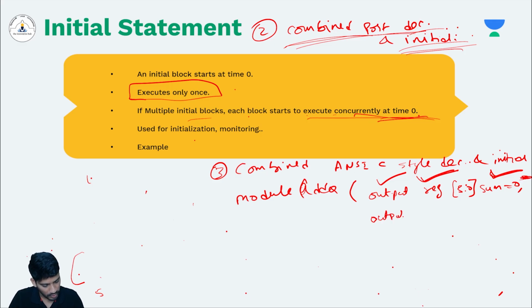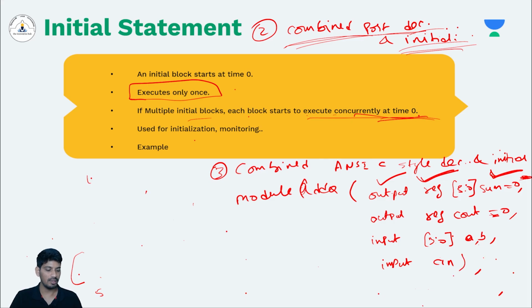Similarly, my output register of C out, which is a single bit, I am initializing it to 0. Similarly, I can declare the remaining ports: input 3 down to 0, A comma B comma, input C. So this is how you can use combined ANSI C style declaration as well as initialization.